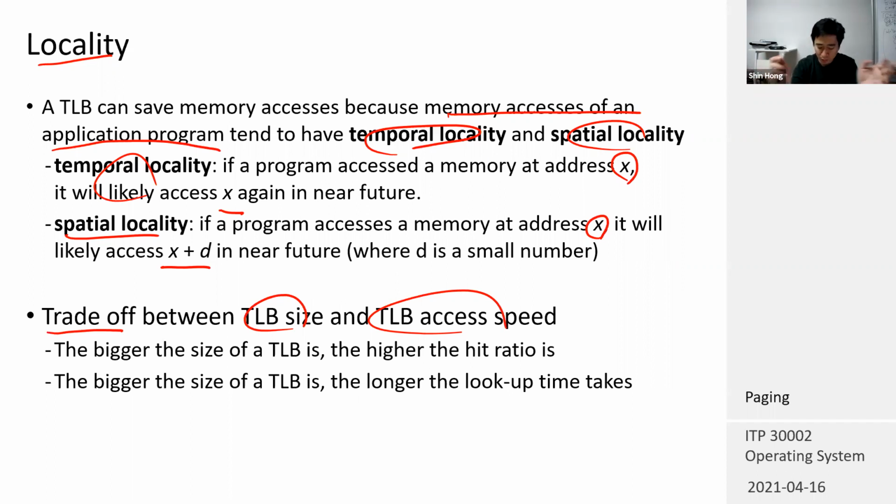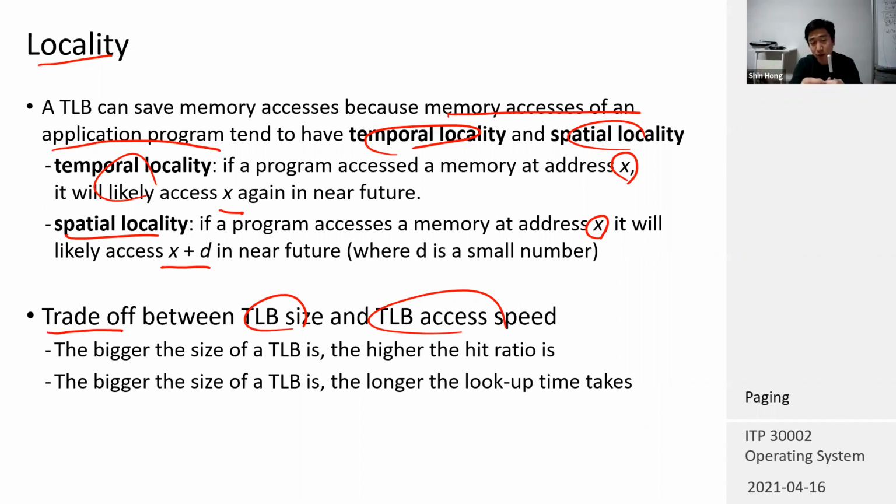So if we have a very small and compact TLB, then access on few entries will be really speedy. But the limitation is that if your program accesses many pages frequently, then the TLB is not big enough to hold all that paging information at the same time, so the hit ratio cannot be kept high, which hurts overall performance.